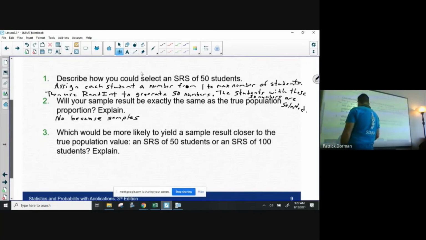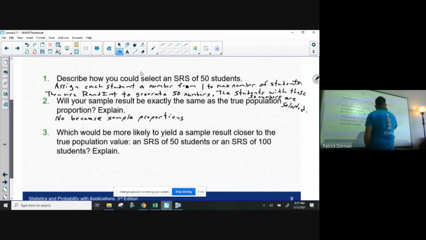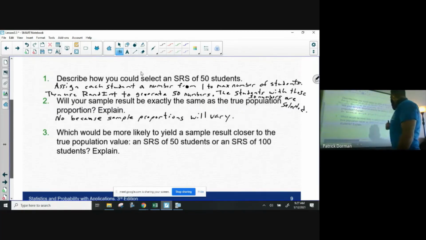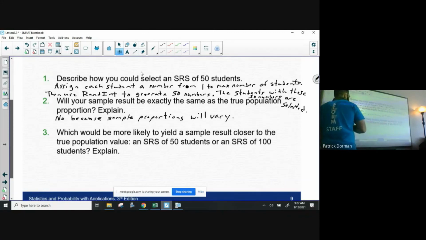Sample proportions? Sure. Or you could say no because of sampling variability, all of those things.